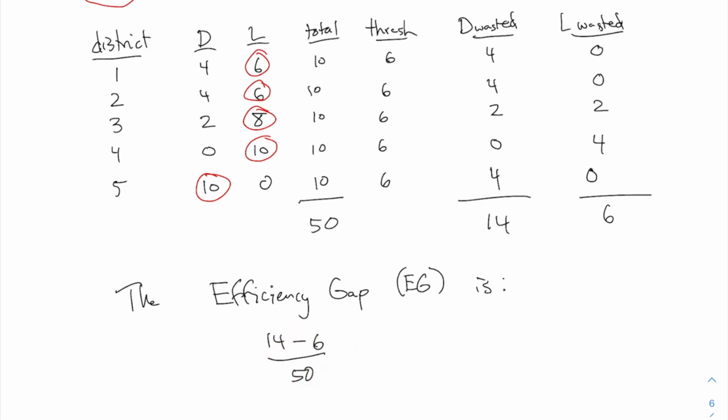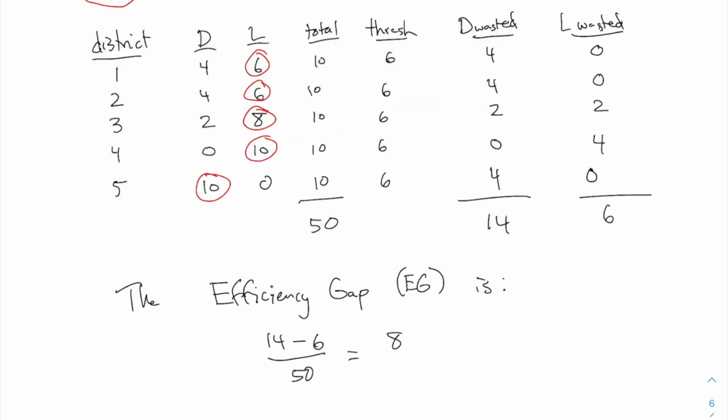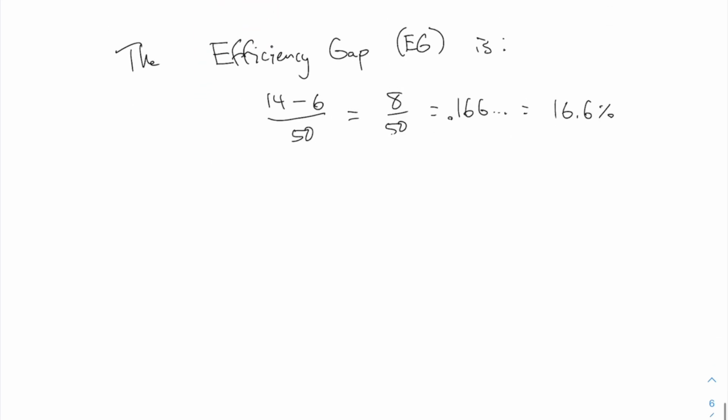All right? So this is 8 over 50 if you wanted to simplify. I don't care if you simplify. 8 over 50, which if you actually divide this out is 0.16 repeating, which is 16.6%. All right? And we say this is the efficiency gap, 16%. That means the D's are wasting 16% more than the L's, right?